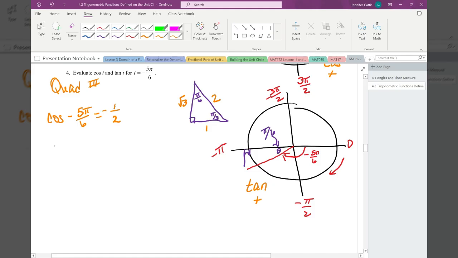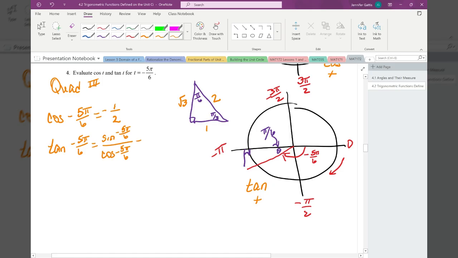Now, if we think about tangent of negative 5 pi over 6, okay? Well, tangent, remember, is sine over cosine. So we can look at it this way: the sine of negative 5 pi over 6 over the cosine of negative 5 pi over 6.